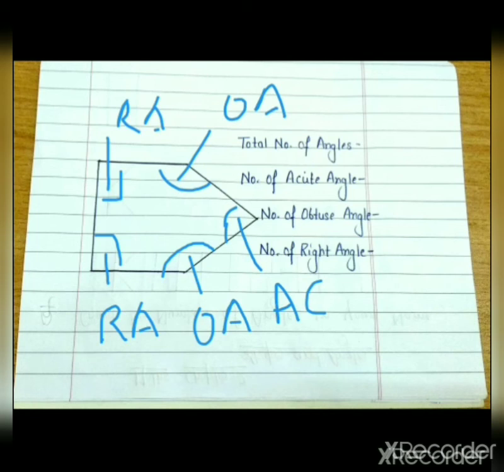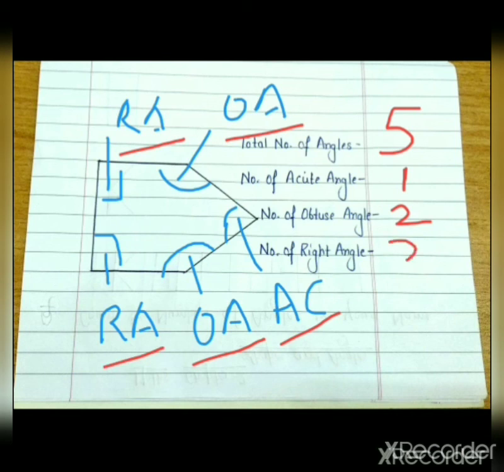So the total number of angles in this figure is 5. The number of acute angles is only 1. The number of obtuse angles, this one and this one, is 2. The number of right angles, this one and this one, is 2.